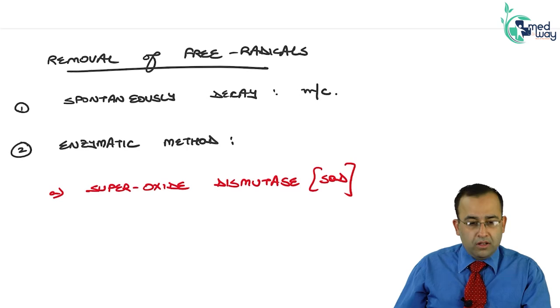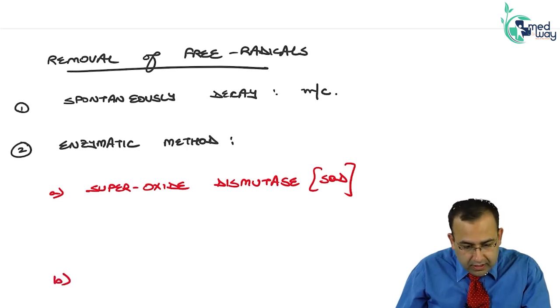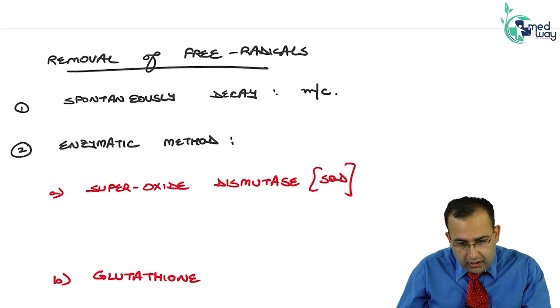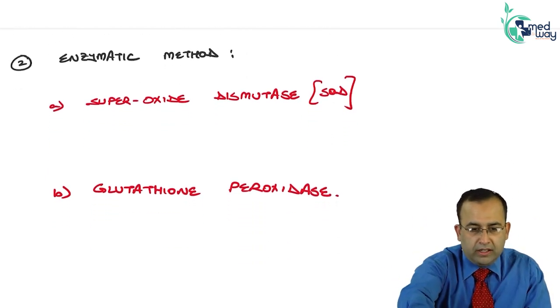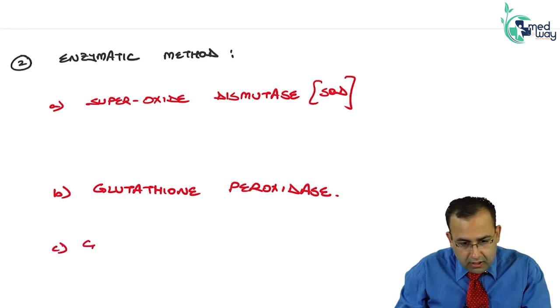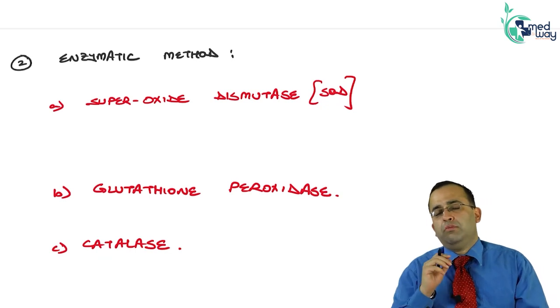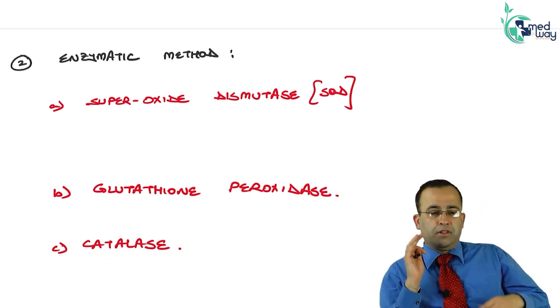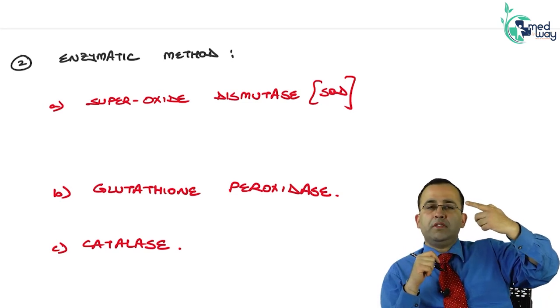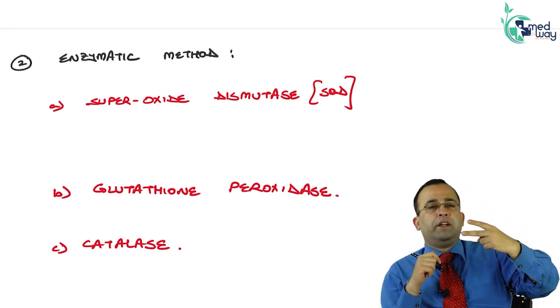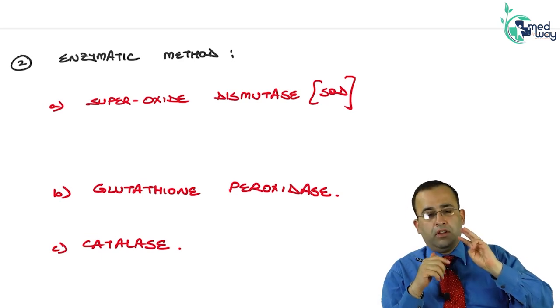Next is glutathione peroxidase and catalase. So there are three main enzymes which play a role in removal of free radicals: superoxide dismutase, glutathione peroxidase and catalase.